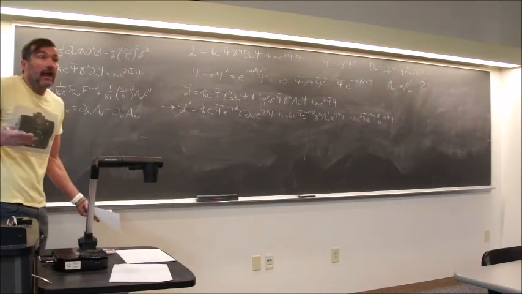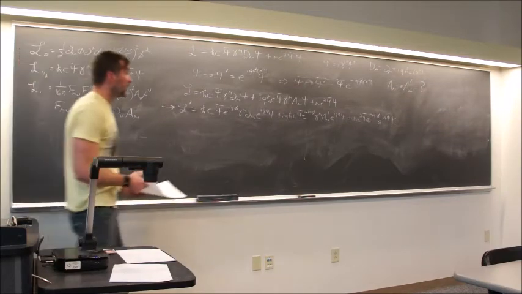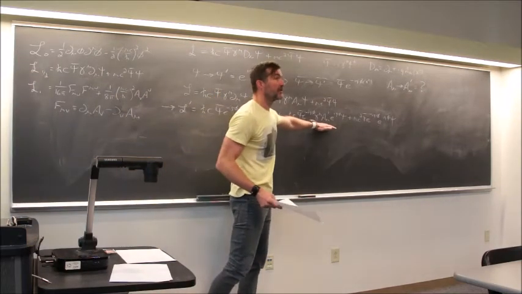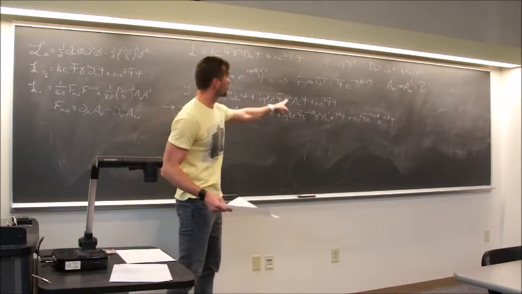So this should look a lot like what we just did in the previous step. The only new thing is this second part of the derivative, which I've actually pulled out.